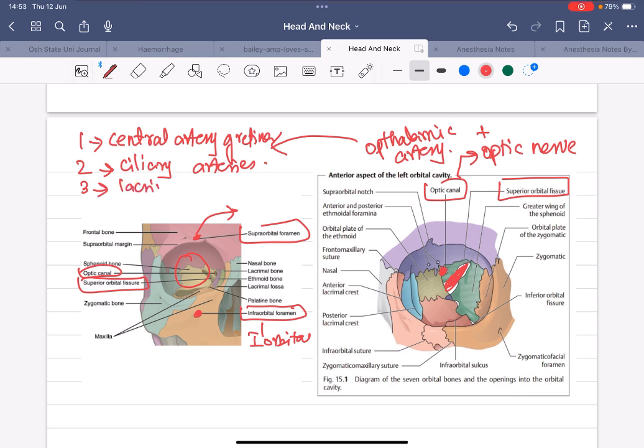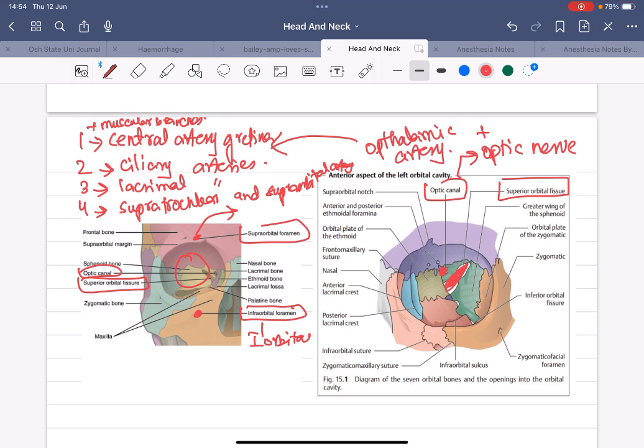And number four, supratrochlear and supraorbital arteries, which also supply the skin of the forehead, plus some muscular branches also. So blood supply to the orbit is given by the ophthalmic artery, which is a branch of the internal carotid artery. Please remember it.